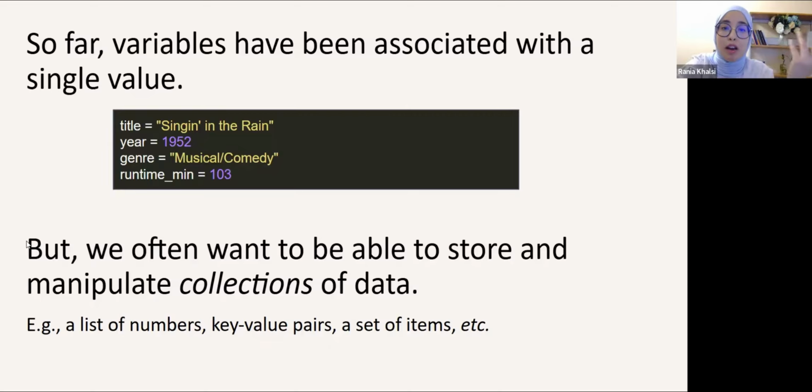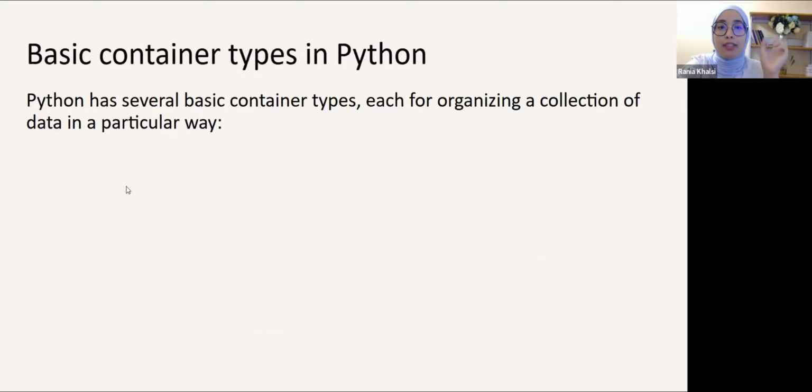So there are many other complex data types beyond the examples that we see so far, okay? And it's where basic container types come in. Each container is there to organize a collection of data in a particular way, okay?